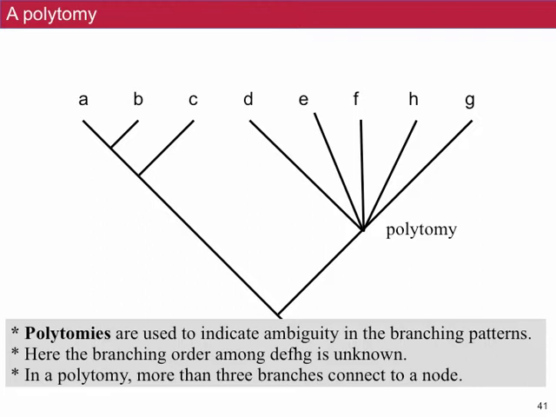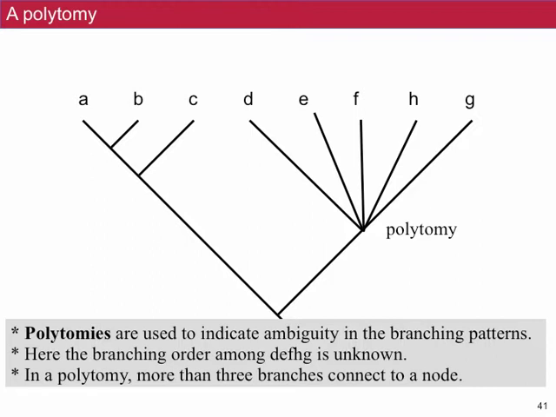The main reason we might show polytomies is when we do not know the branching order among the organisms that are shown there. So if we do not know any of the branching order of D, E, F, G, H relative to each other, we will show a polytomy like this. It doesn't necessarily mean that evolution looked like that, although in some cases it might.